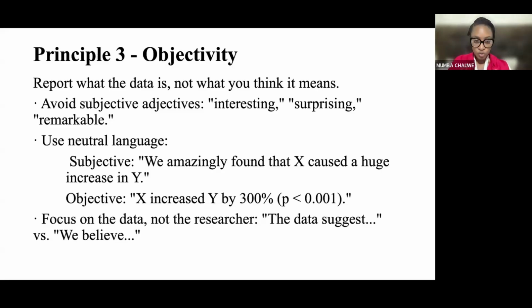So use neutral language. Instead of "we amazingly found that X caused a huge increase in Y," you go, well, X increased Y by X%, and you put your p-value, okay?